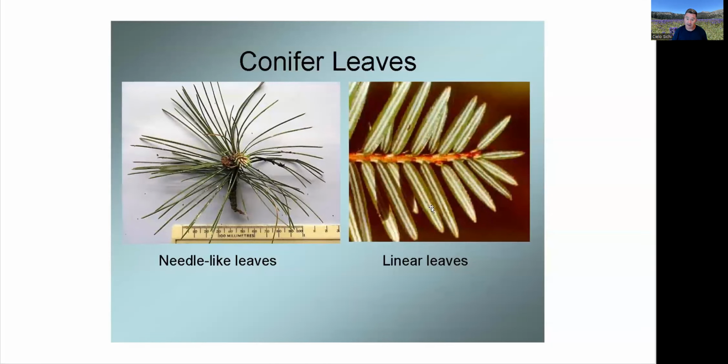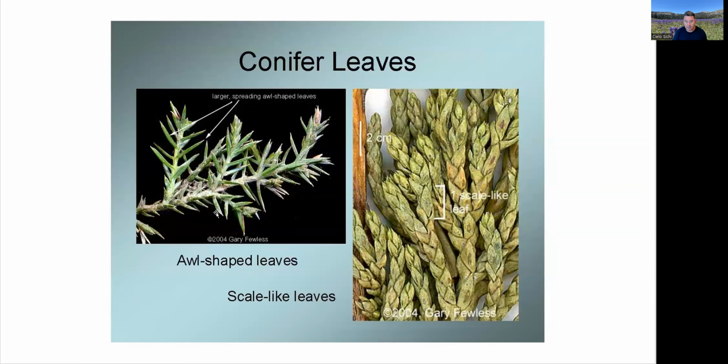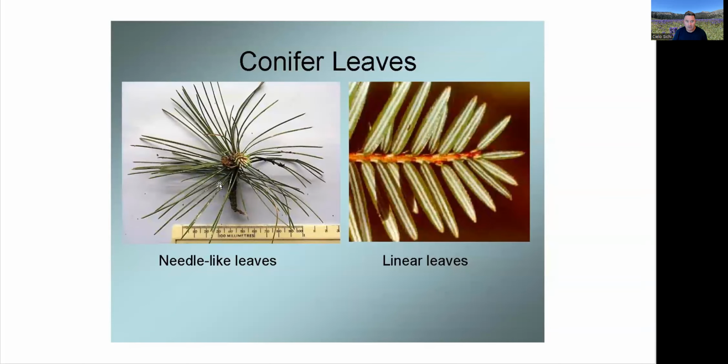A really good identifying characteristic of a redwood leaf is that it almost looks like a surfboard, like a good old longboard, with two long stripes on the underside of the leaves. So: awl-shaped leaves, scale-like leaves, needle-like leaves, and linear leaves for conifer leaves.